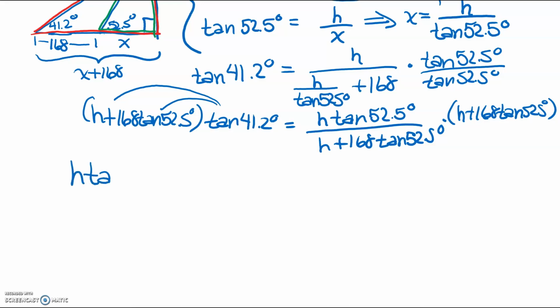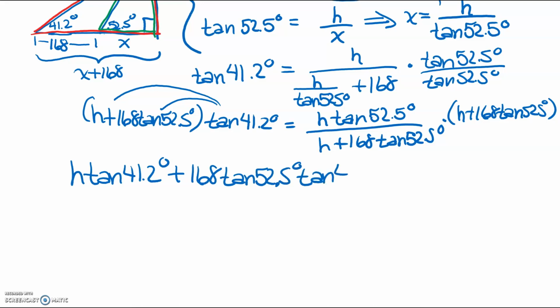So I get h tangent of 41.2 degrees plus 168 times the tangent of 52.5 degrees times the tangent of 41.2 degrees, and that's going to equal h times the tangent of 52.5 degrees. What I really need are my h's all on one side, so I'm going to subtract this and move it to the other side.